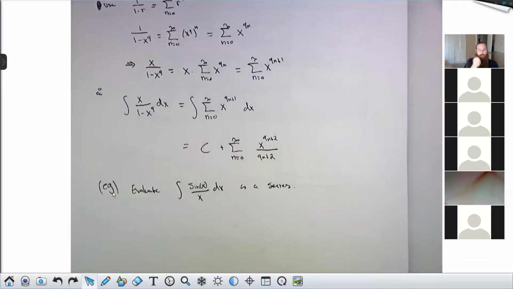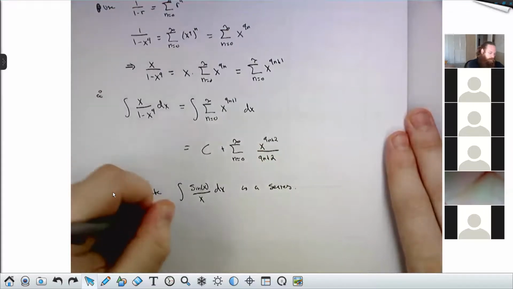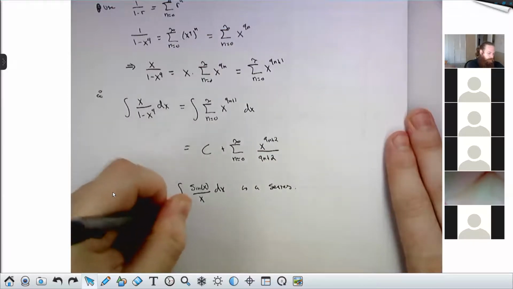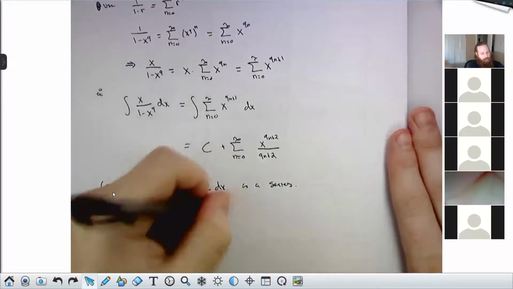There's no way to do this using normal tricks without infinite series. But we do know that sine x has series sigma n from 0 to infinity, -1 to the n over 2n plus 1 factorial times x to the 2n plus 1.